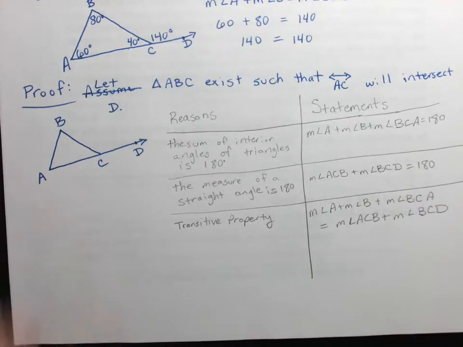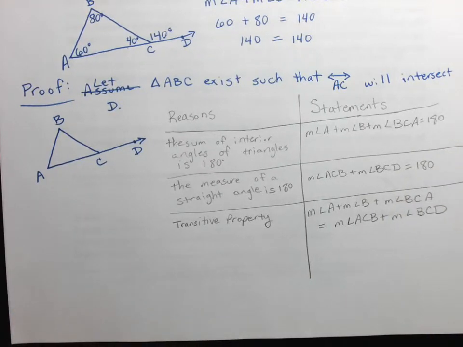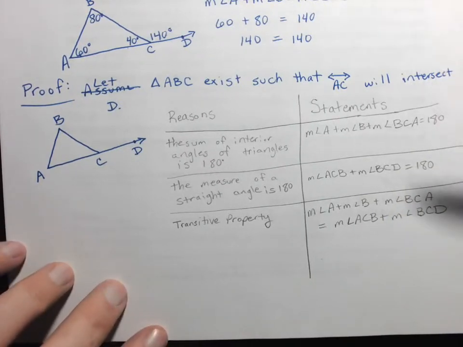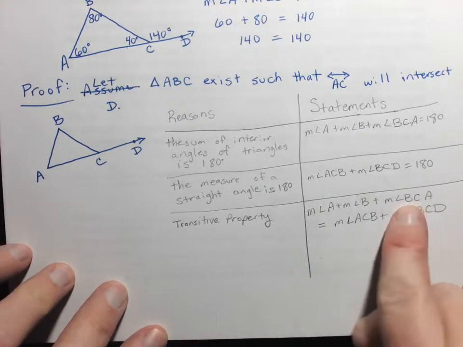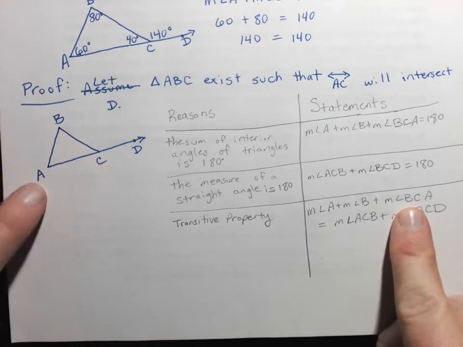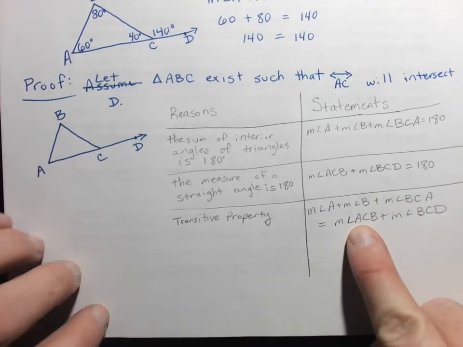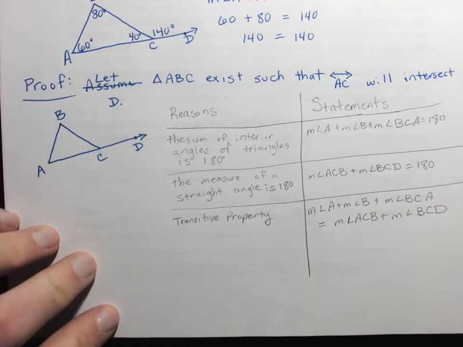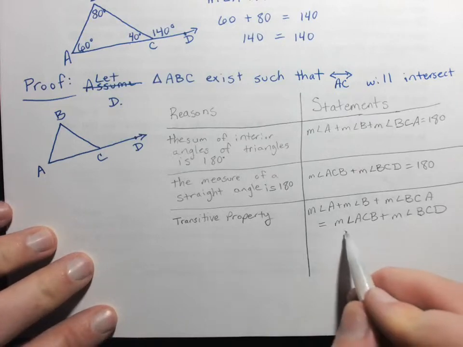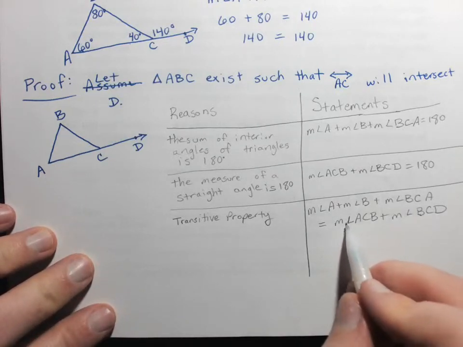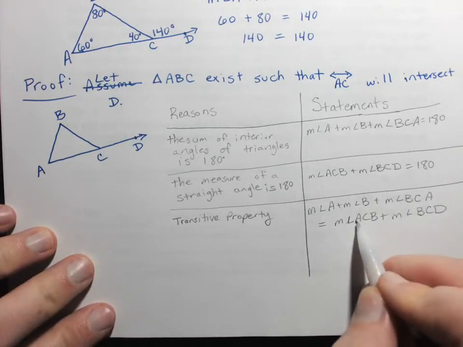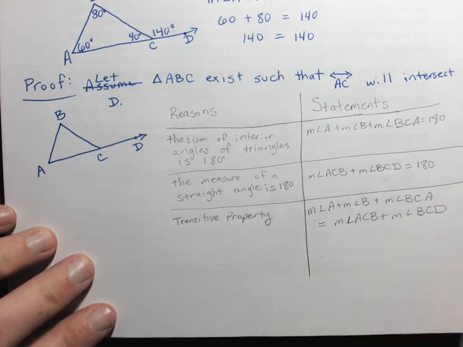Now there's a little bit of a trick here because apparently I wrote my letters in different directions for my angles, but let's notice BCA is the same as ACB. We notice that's the same angle, and I just have my letters backwards, but they're still the same angle. So if I have this angle on this side of the equation and this angle on this side of the equation, I can subtract that from both sides.